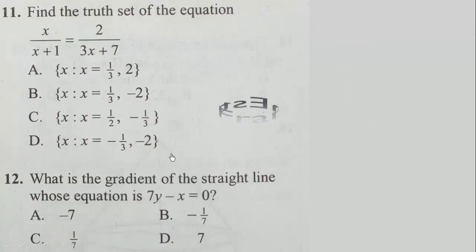Now let's look at question 11. Find the truth set of the equation x over x plus 1 is equal to 2 over 3x plus 7. This is the equation given to us.